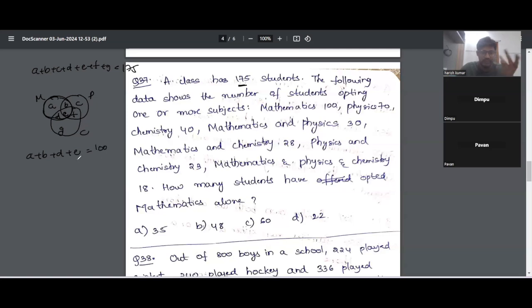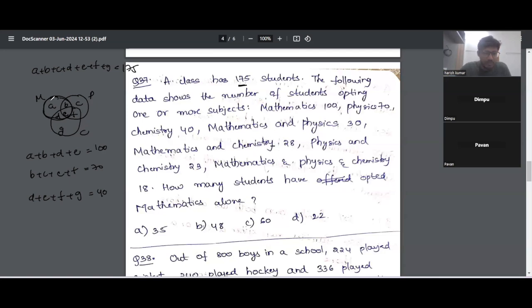Physics is opted by 70. B plus C plus E plus F is 70. And chemistry is opted by 40. That means D plus E plus F plus G equals 40. Then we have mathematics and chemistry.